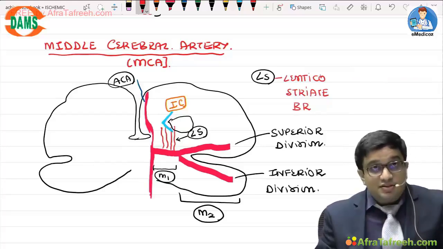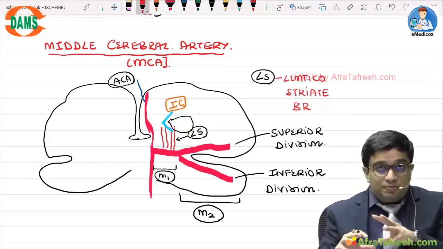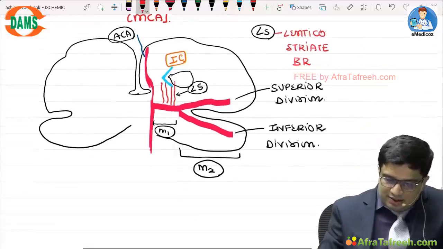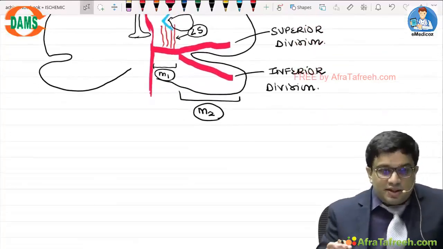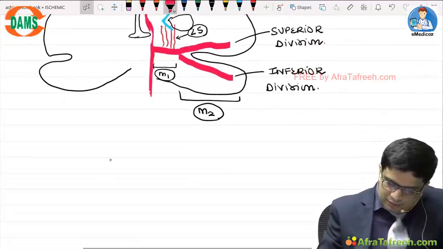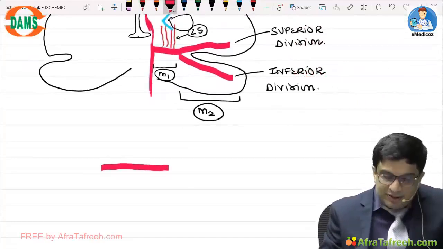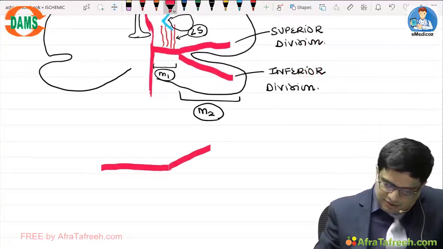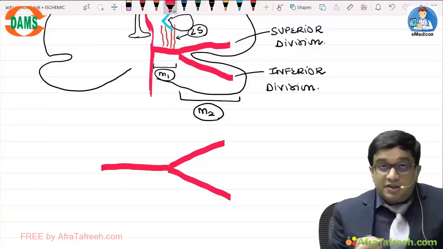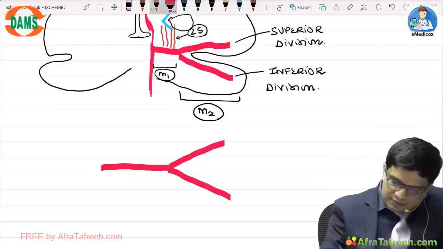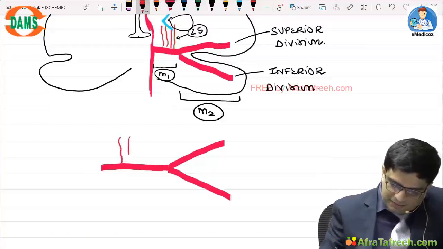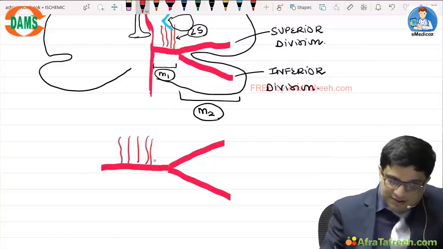So that's a diagram which I want to take ahead, and I'll make all this again in a different view. So this one is the MCA, which has divided into two divisions, superior and inferior. What I found pre-division was giving branches like this.